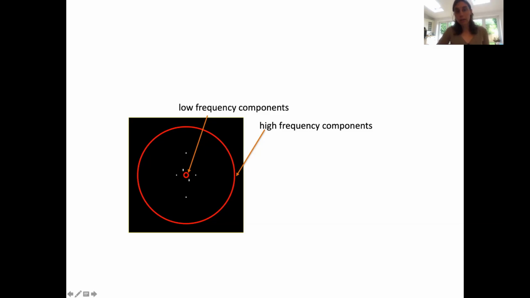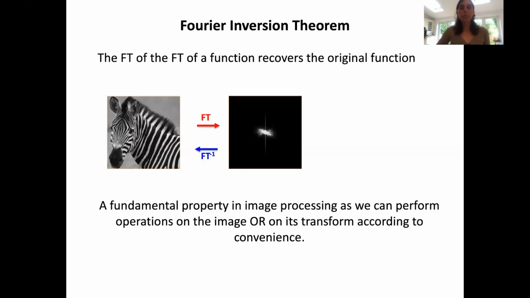So close to the edge of a calculated Fourier transform, we will find the information about the high frequency waves, and close to the center of the Fourier transform box, we will find information about the low frequency components, so the slower oscillating components of our image. I will come back to that many times during the lecture.